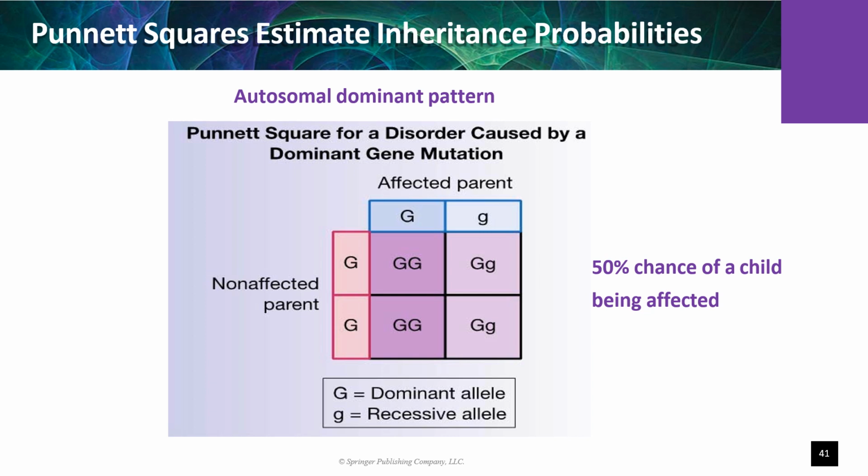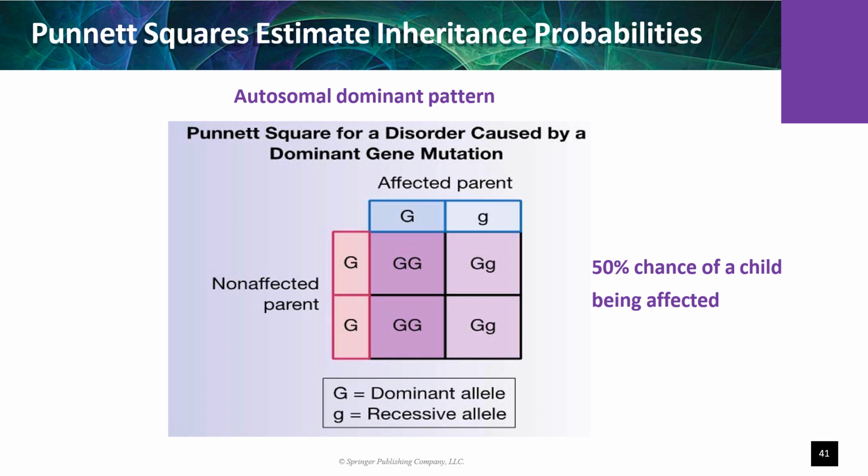This is the probability of a particular phenotype being expressed in children with known genotypes of parents. The large G is the normal allele and the small g is the abnormal or disease allele.